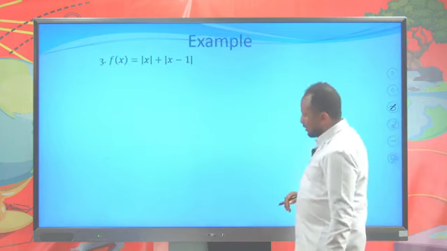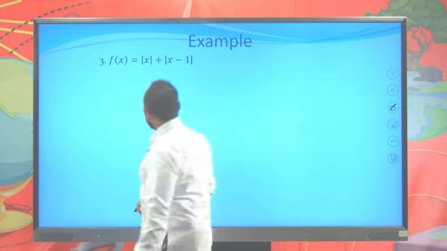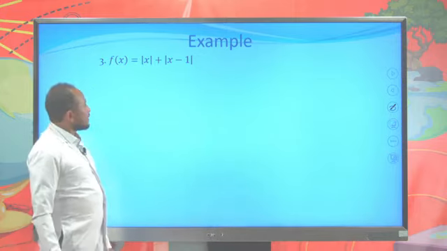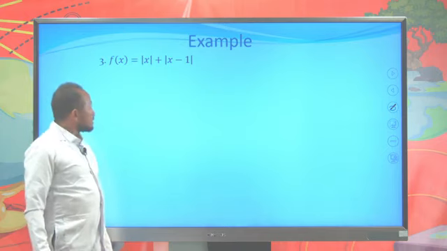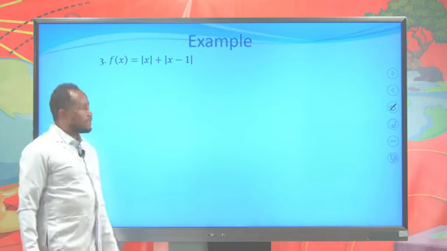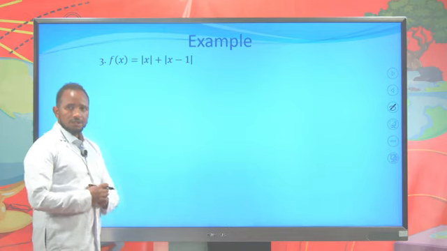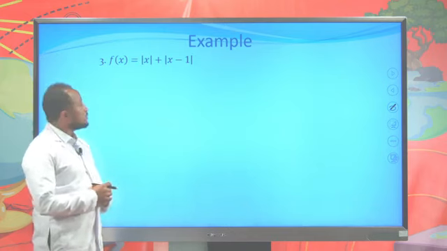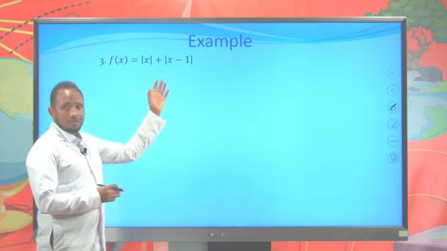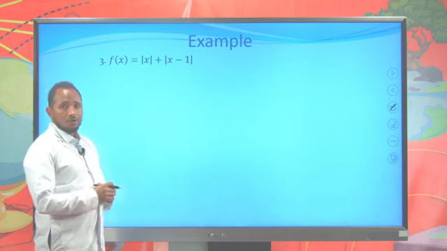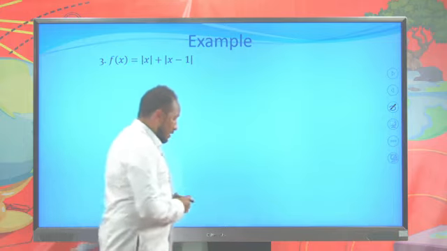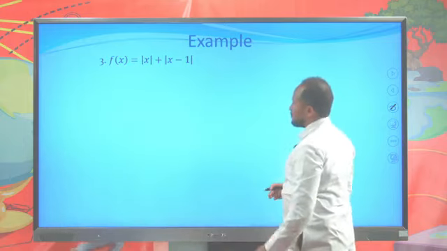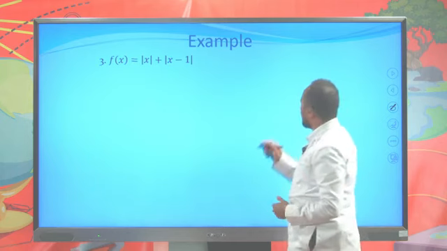Now, let's see this function f of x is equal to absolute value of x plus absolute value of x minus 1. We are asked to find the interval in which this function is differentiable. So to do this, first I need to write this in a piecewise function form. For that, let's write this in a sign chart form.